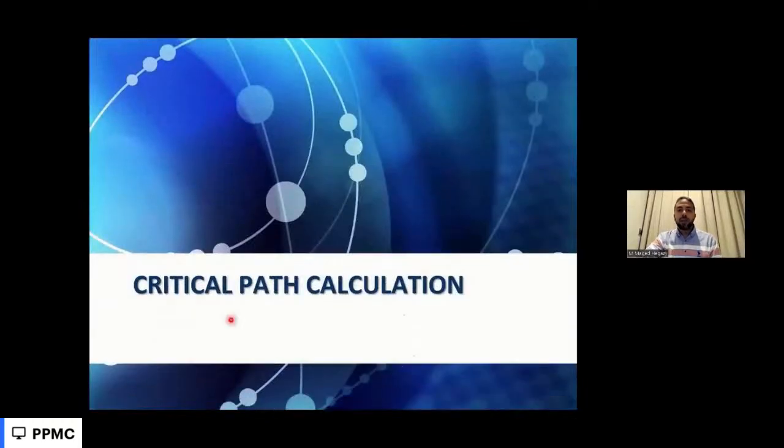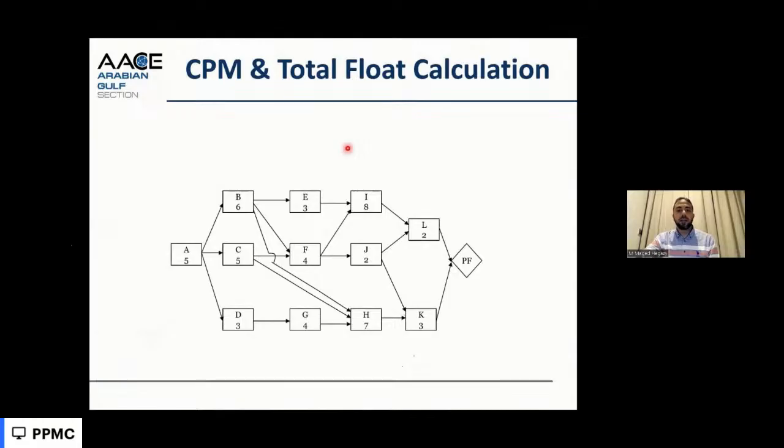We'll go then to the calculation. We did everything in pre-planning, and now we go to the detailed calculations of the activities and critical path. If we start calculating the critical path, we have a network of activities with durations and relationships. For example, here the project starts with activity A, whose duration is 5 days.